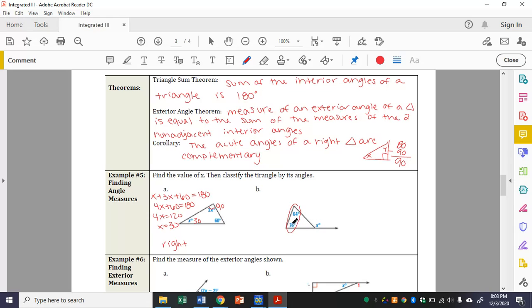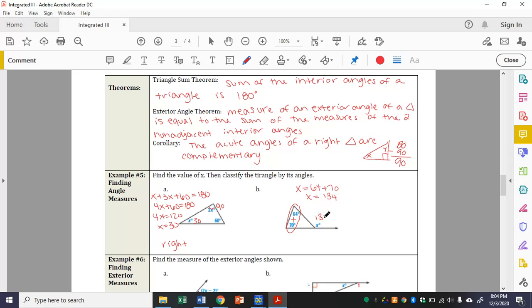So I'm looking at the two interior angles that are not sitting directly next to or attached to this angle x here. What the exterior angle theorem says is x is going to be equal to these two angles added together. So x will equal 64 plus 70, which means x is equal to 134.